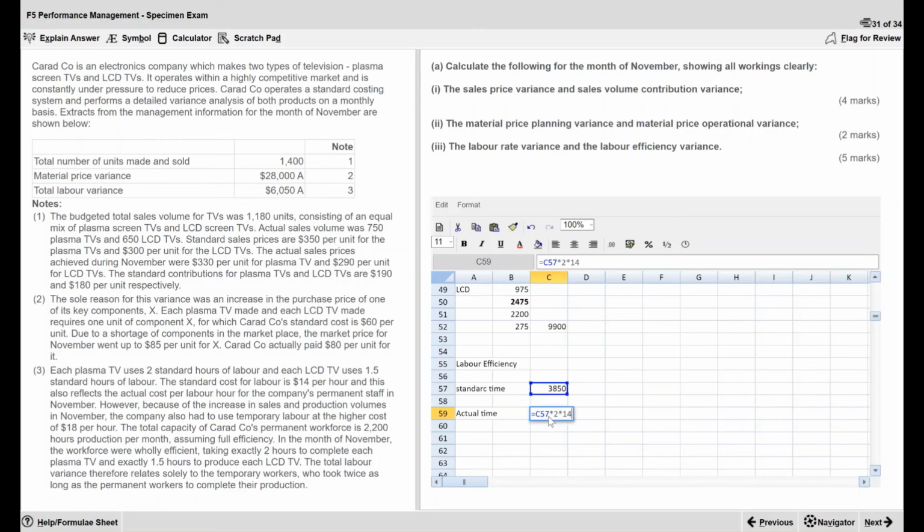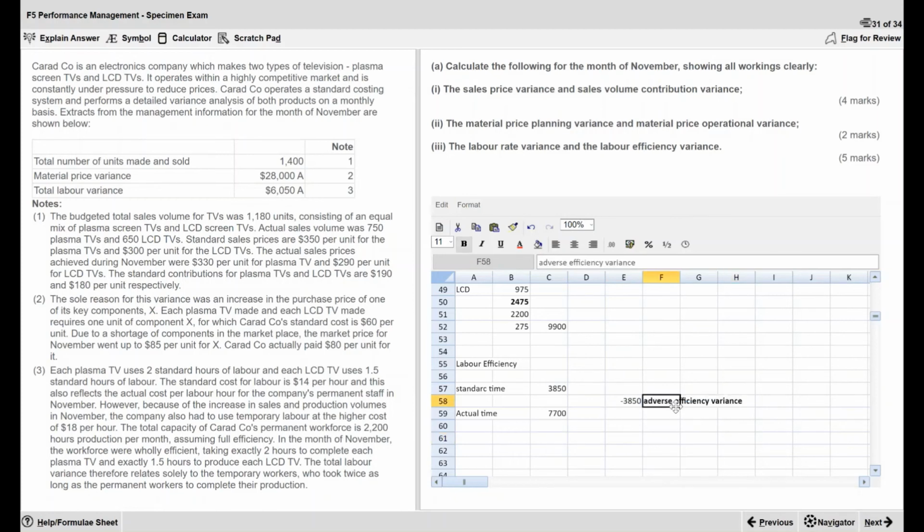Okay, I've linked it to that. So 275 multiplied by 2, which becomes 550, multiplied by 14, and I want it to be negative because it's higher. So we have 3850 adverse efficiency variance.